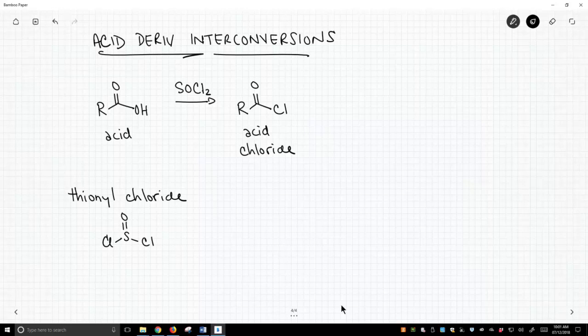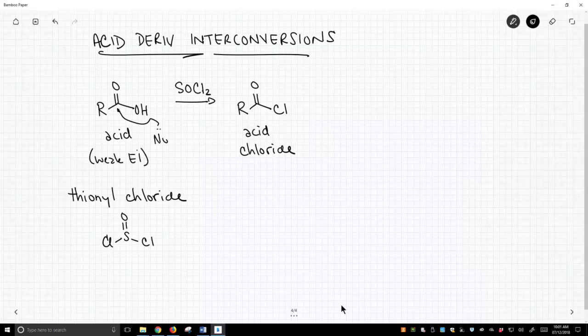Now, what we're going to see over and over again in this entire unit is that to interconvert acid derivatives, in the end, we need some kind of nucleophile to attack our carbonyl. The problem with carboxylic acids is that they are weak electrophiles.